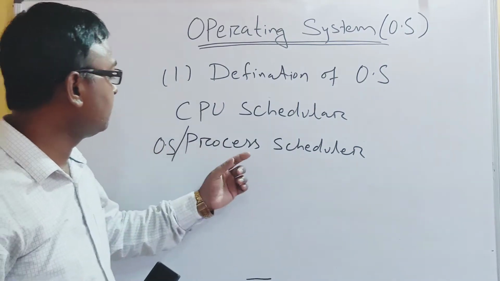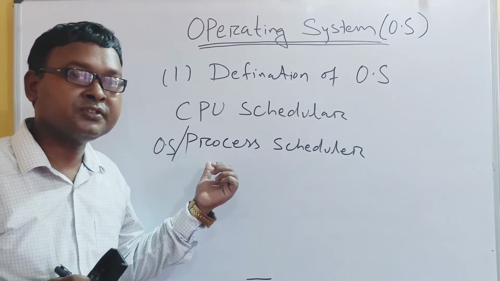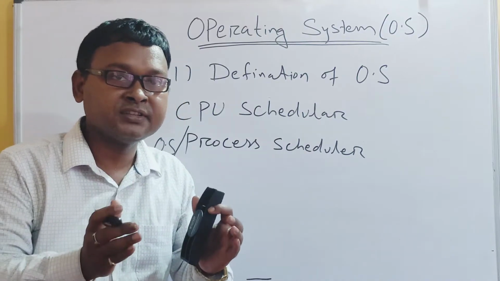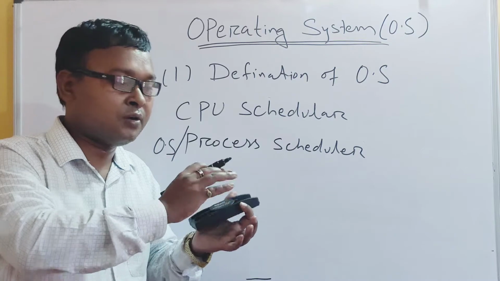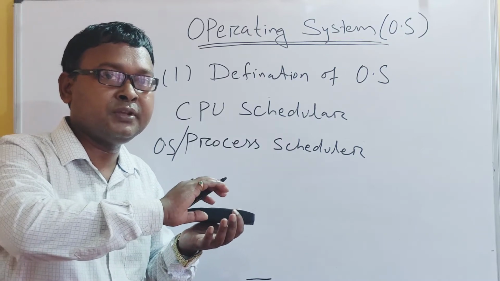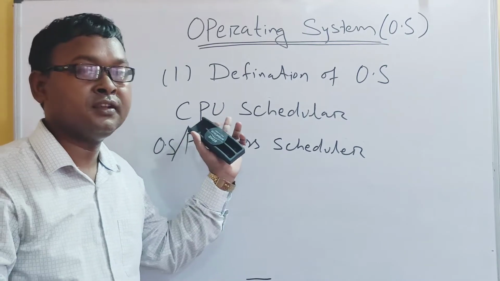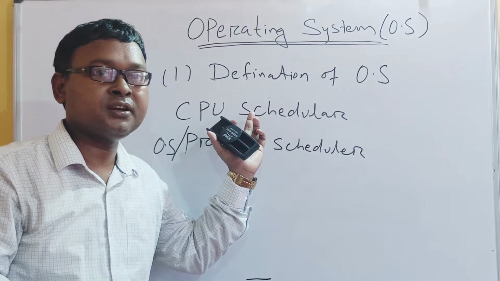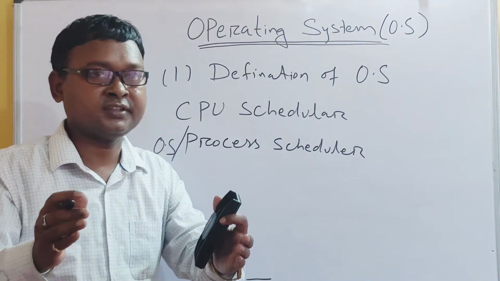The process scheduler or the operating system scheduler is responsible for scheduling the jobs or processes outside the processor, that is, how the processes will move to the processor. Inside the processor, the CPU scheduler schedules the jobs and allocates the processes to the processor.